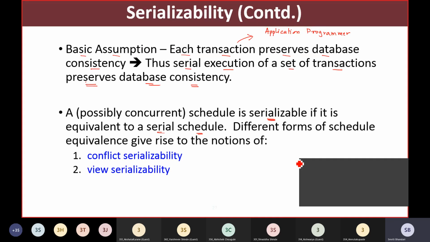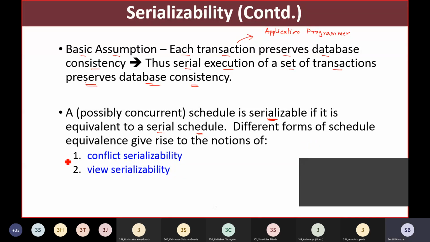So if I have a concurrent schedule and it is equivalent to a serial schedule, then I'll say that this concurrent schedule is serializable.